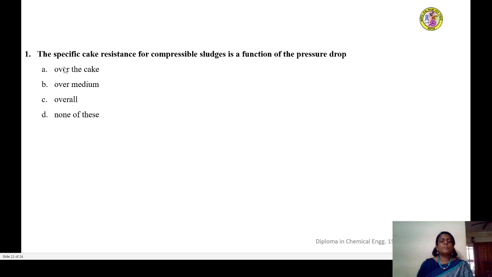So that pressure drop which is existing over the cake, not over the filter medium. So it is not even the overall pressure drop, that is the sum of cake and the filter medium pressure drop. So it depends on the pressure drop over the filter cake. So the specific cake resistance for compressible sludges is a function of the pressure drop over the filter cake.